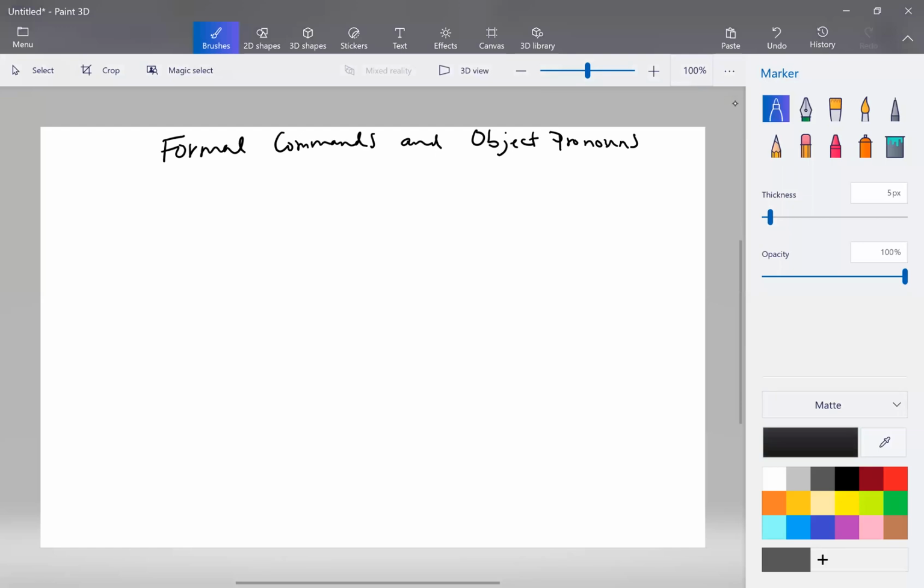Okay, so today we're going to be talking about formal commands and object pronouns. Formal commands and object pronouns.